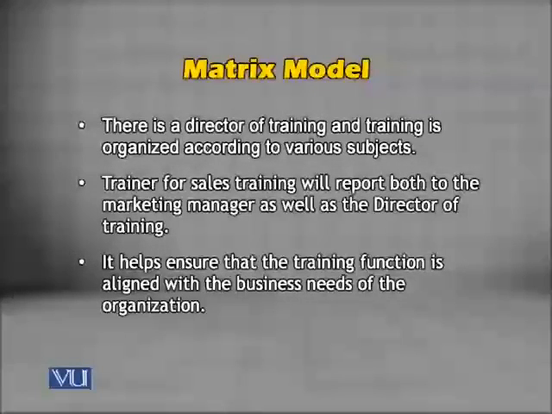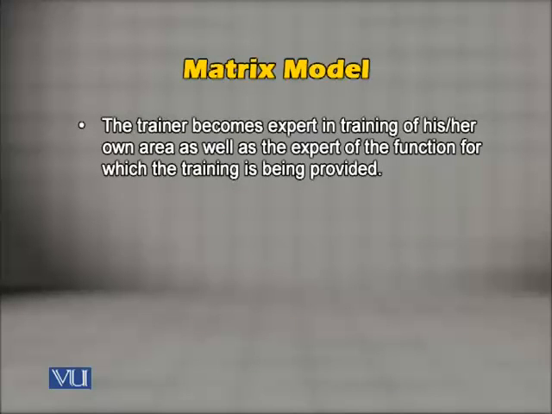In this kind of matrix model, it helps to ensure that the training function is aligned with the business needs of the organization, or the business needs of that particular function for which the training is being organized. And the trainer becomes an expert in training of his or her own area as well as the expert of the function for which the training is being provided.